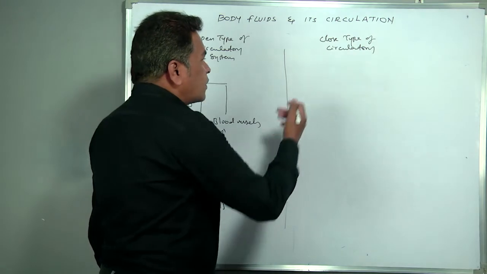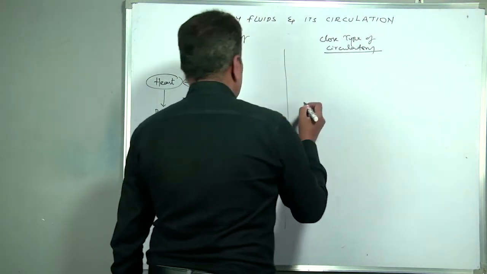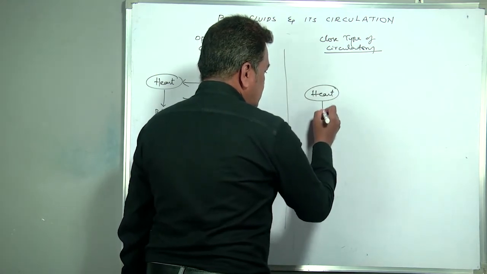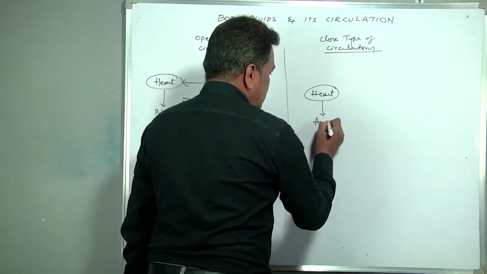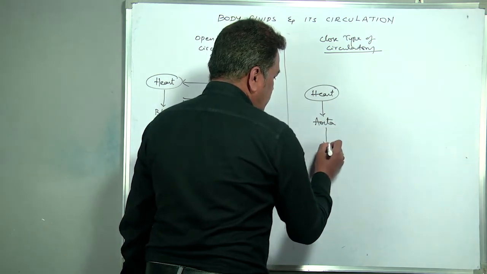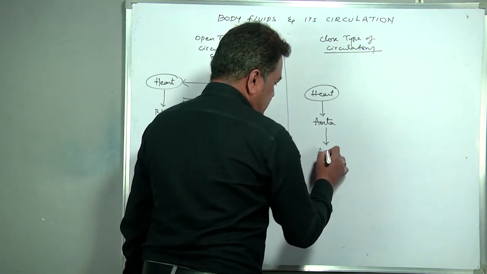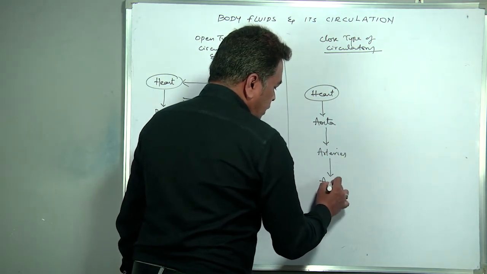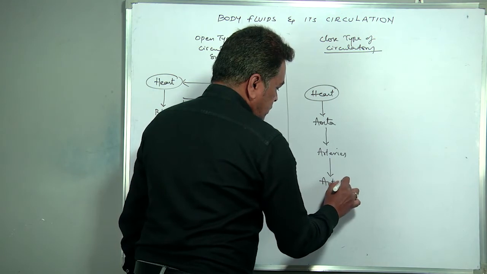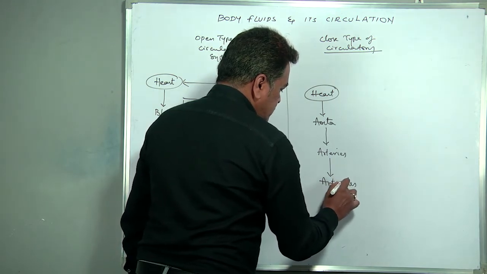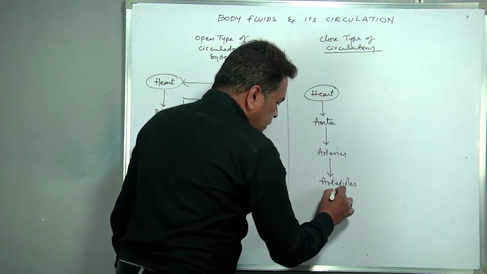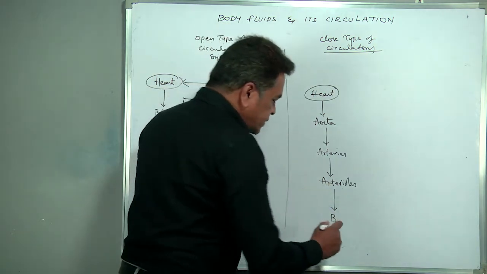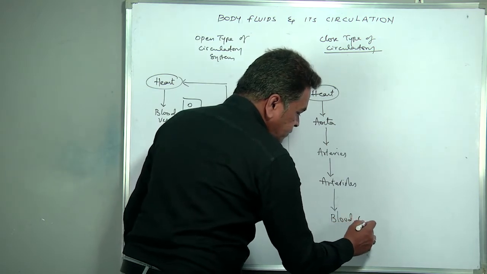If you see the closed type of circulatory system, here the heart pumps the blood to the aorta. From the aorta it goes to the arteries, and arteries divide and redivide to form arterioles. These arterioles give rise to microscopic blood vessels which we call blood capillaries.